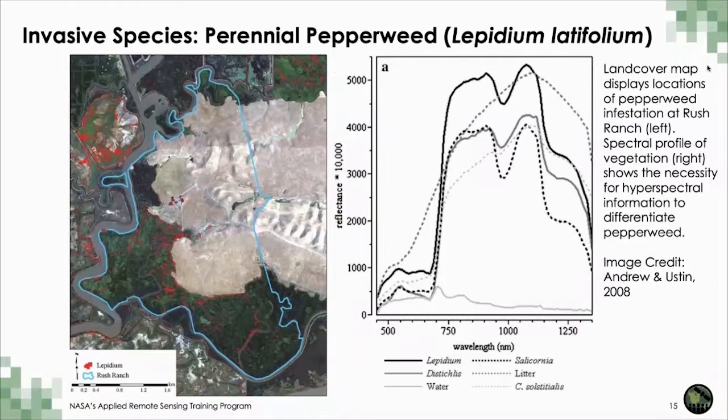The result was the successful identification of invasive infestations in the area. There are limitations, however, and knowledge of the study region and phenological characteristics of these individual species can assist in creating highly accurate maps of invasive species extent.